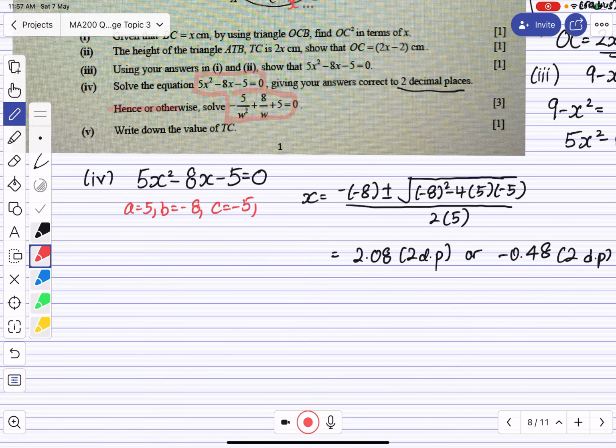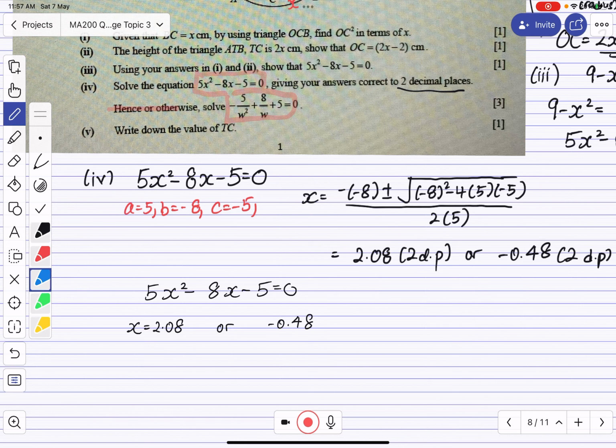From the earlier part, when we look at 5x squared minus 8x minus 5 equals 0, solving this gives us x to be 2.08 or negative 0.48.